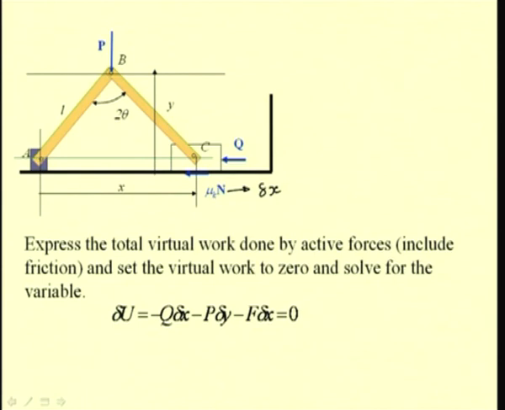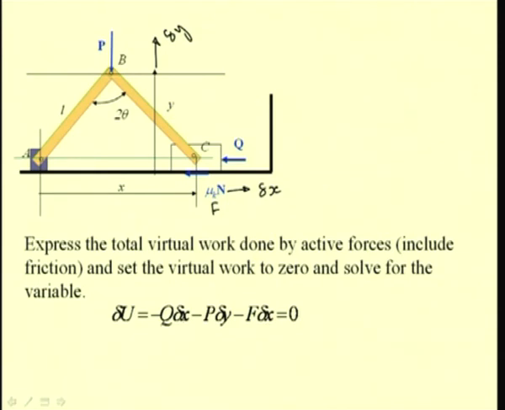So we have minus Q delta x, and this P is also in the opposite direction of the positive virtual displacement delta y. So we have minus P times delta y, and this frictional force F is also in the negative sense with respect to the direction of this positive virtual displacement delta x. So we have minus F times delta x equal to 0.